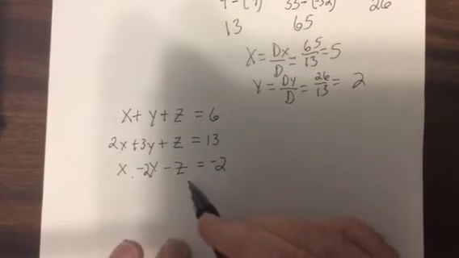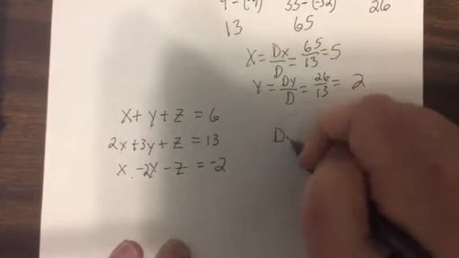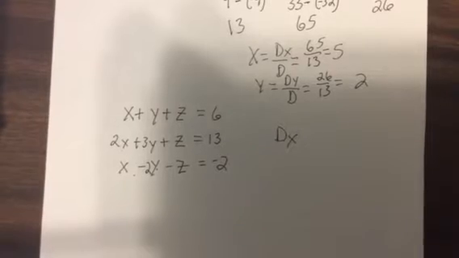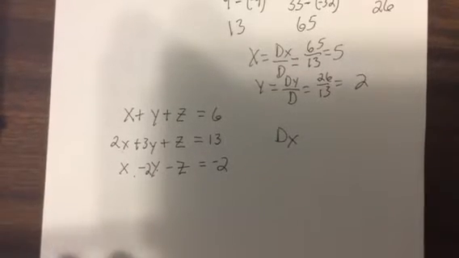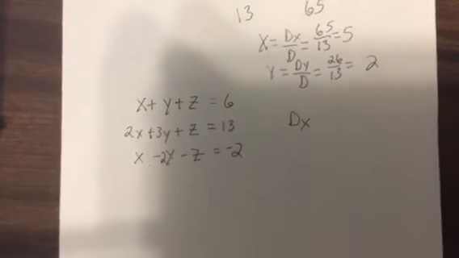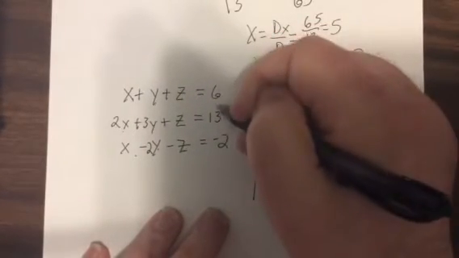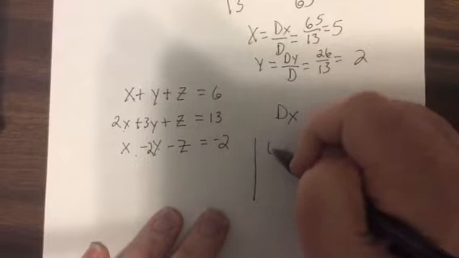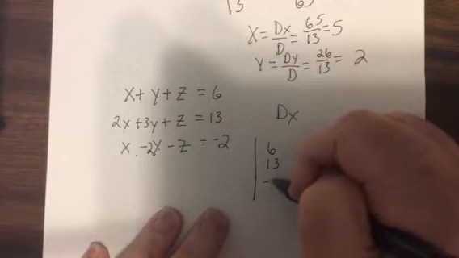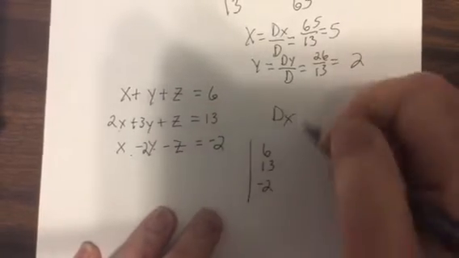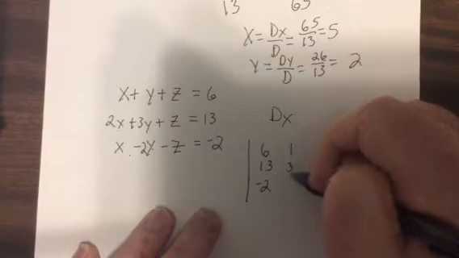Now for this one, find Dx, but don't find the answer. Sorry. Okay, so now that you've done it, Dx, we're going to switch the constants in for the x numbers. Then I have 1, 3, negative 2.